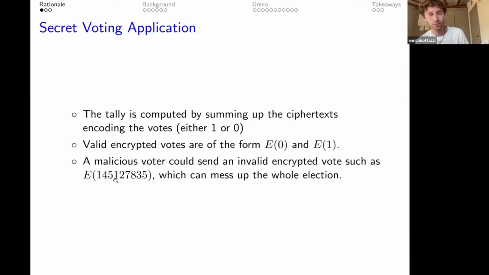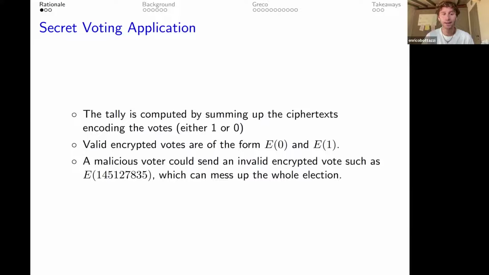So I'm going to start with describing a very simple application to explain why we need something like Greco. This is a secret voting application. When I say secret voting, I mean that the vote itself is secret. The tally is simply computed by summing up the ciphertexts. Each ciphertext is encoding a vote, which is either 1 or 0.